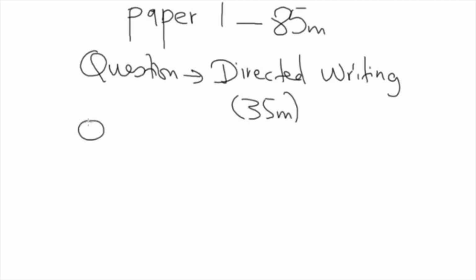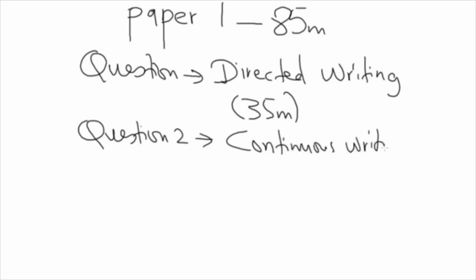And question 2, that is your continuous writing, which carries 50 marks. So, from this you can see that you should pay more attention to question 2, which carries 50 marks.